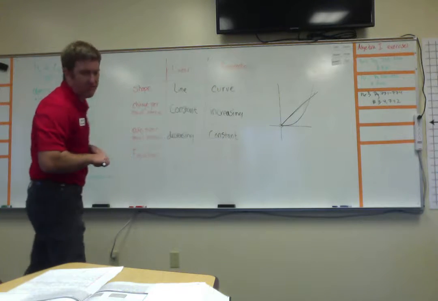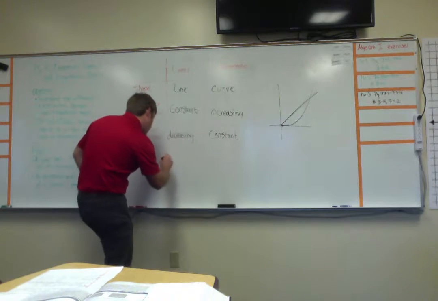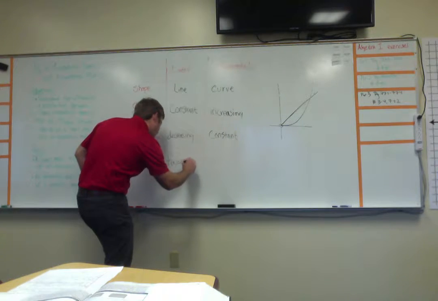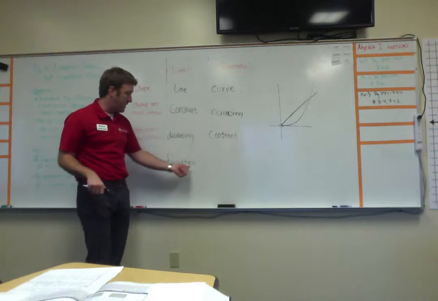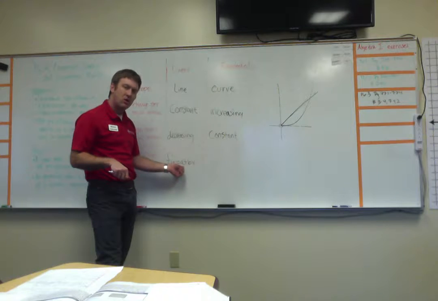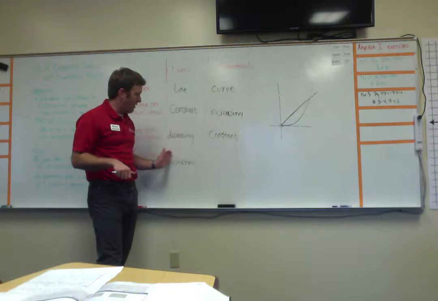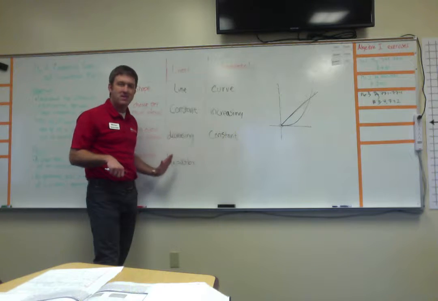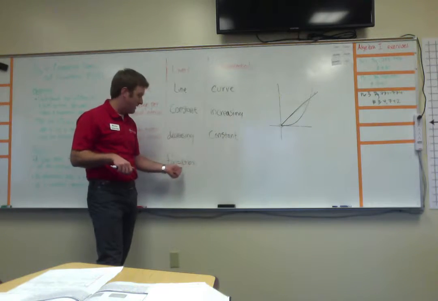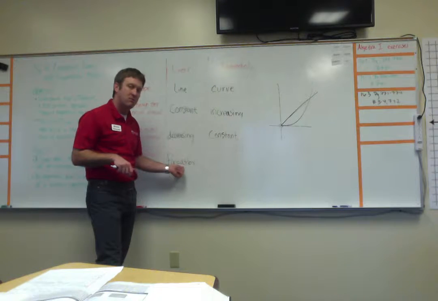So those functions that we've encountered now are, for a line, f of x equals a plus bx. And that b is your change, your slope, right? And the a is your starting value. Or if we put it in arithmetic sequence terms, we would say the b is our common difference, and the a is our first term, right?